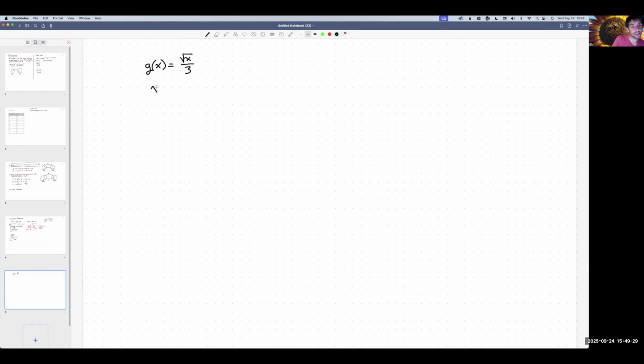And the domain is x is greater than or equal to 0, right? And again, we can write evaluations very easily. g of, let's say, 1 is just the square root of 1 divided by 3. The square root of 1, sorry, is 1. So we end up with 1/3, right?